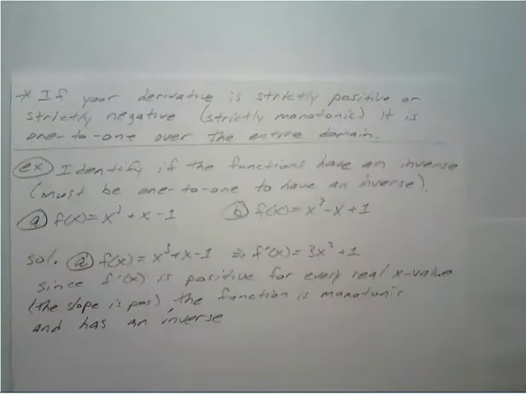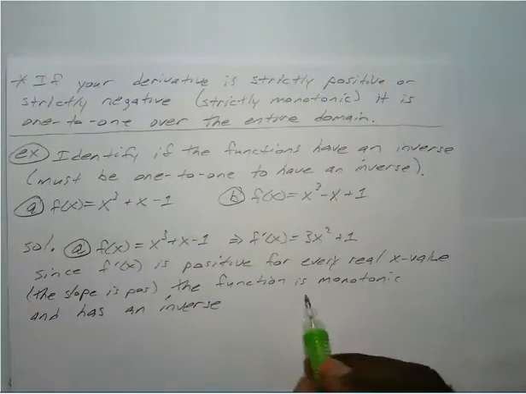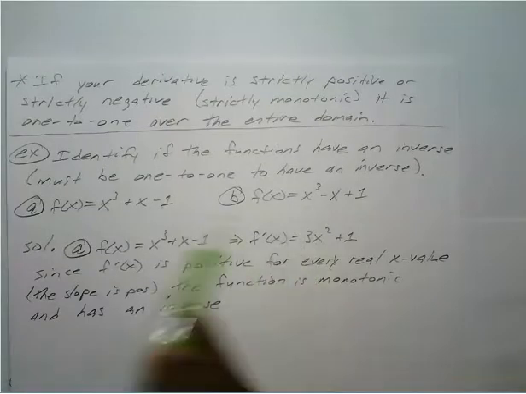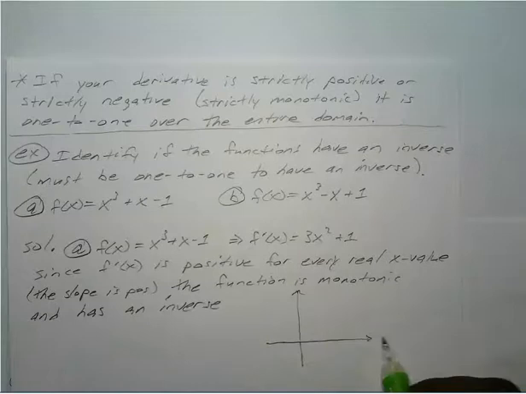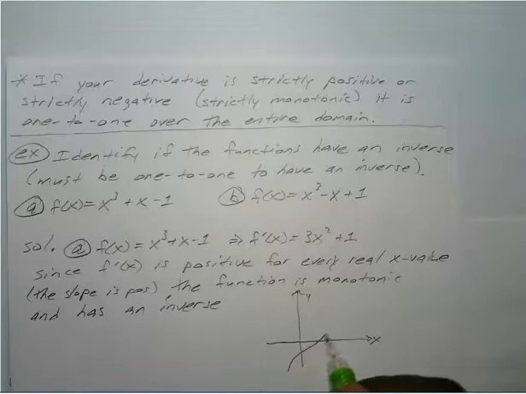Okay, so if we wanted to sketch just kind of a makeshift graph of x to the third plus x minus 1, it will look kind of like this. So you have your x and you have your y. It would look somewhat, not exactly, but if you want to plug it into your graphing calculator, you can.